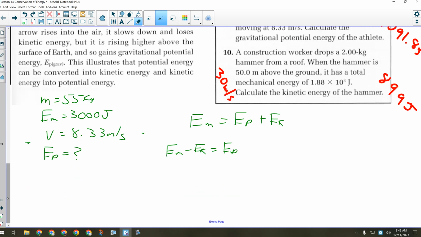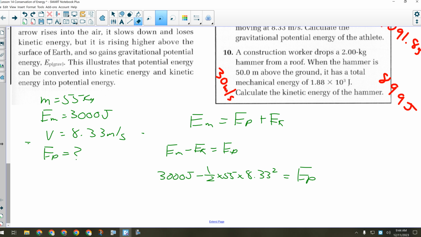If I expand that out a little bit further, I'm going to have this 3,000 joules minus 1/2 times 55 kilograms times 8.33 squared equals EP. Everybody all right with that?